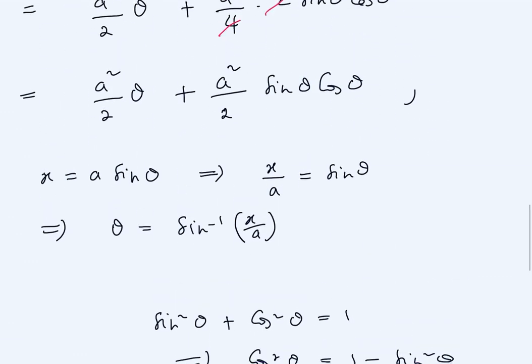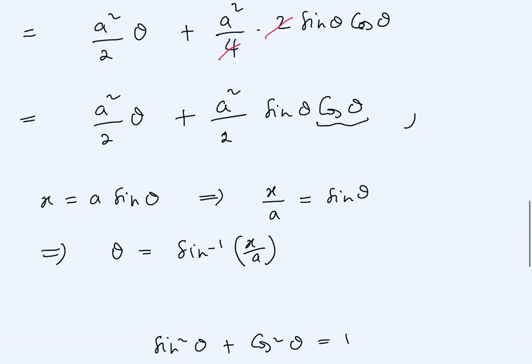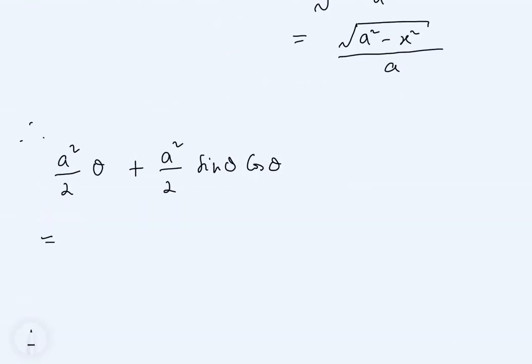So if you go here, we're going to replace cos theta with that result, and then we're going to replace sine theta with x over a, because sine theta is equal to that. So this is equal to, we still have a squared over 2, in place of theta, we're going to put sine inverse of x over a, plus a squared over 2.